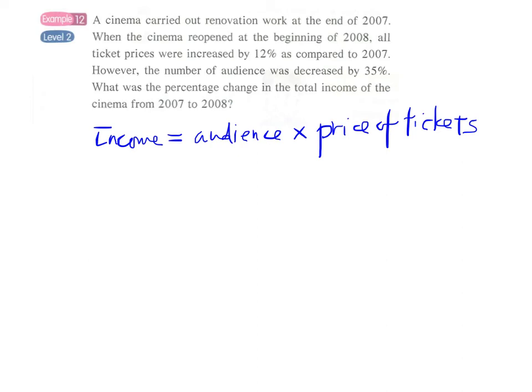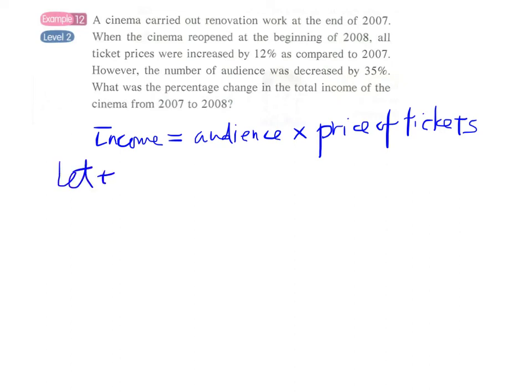But since this problem does not give us the number of audience in 2007 and the original price of the tickets in 2007, we have to let the number of audience and the price of tickets be variables x and y.